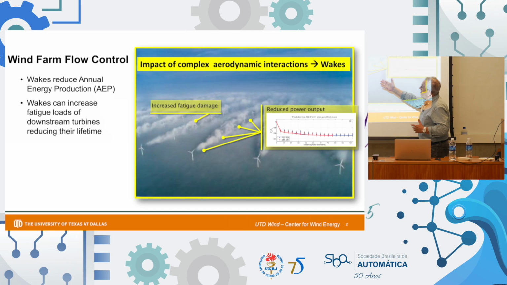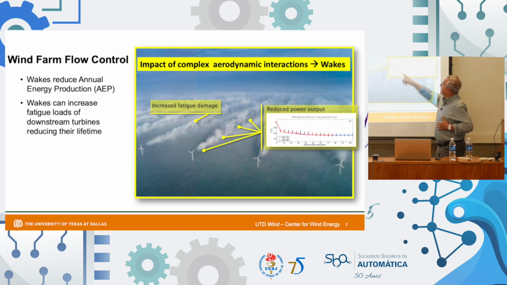So the point of the chart is basically that the wakes reduce the production of energy throughout the year, and this is an actual measurement graph of power. One is the power produced by the first row, and then as soon as you move to the second row, you lose almost 40% of the power because of the wakes.